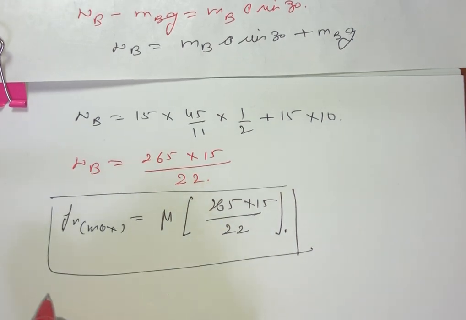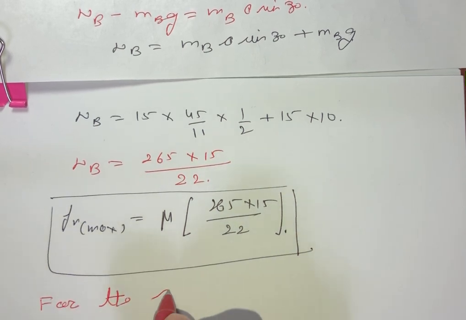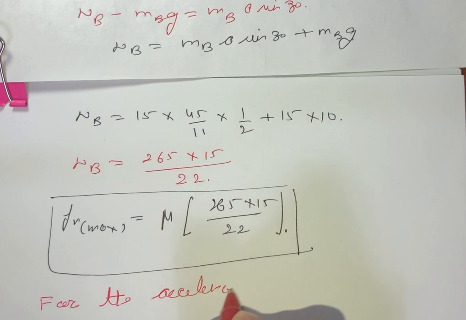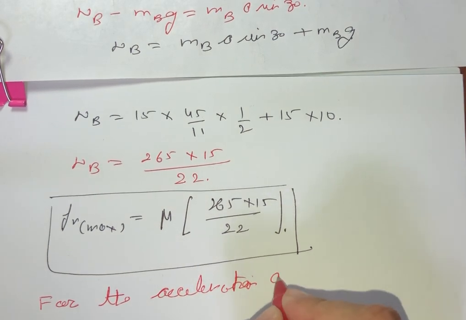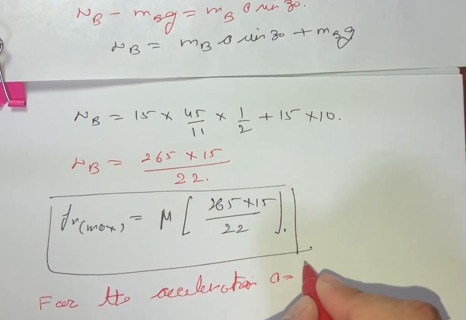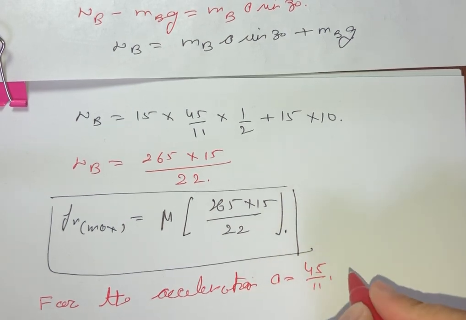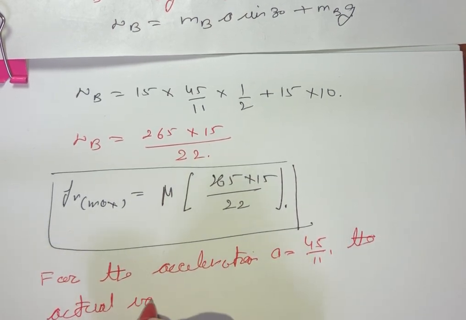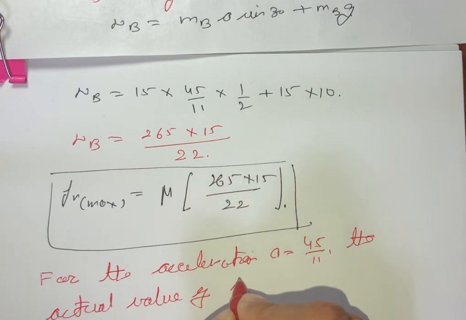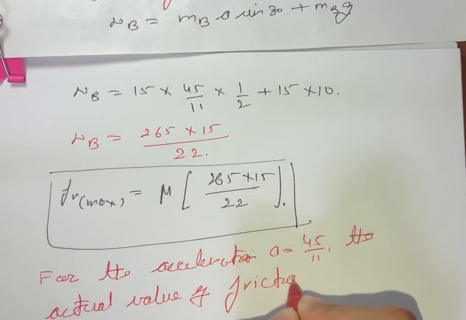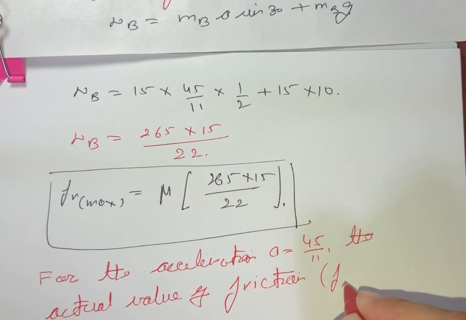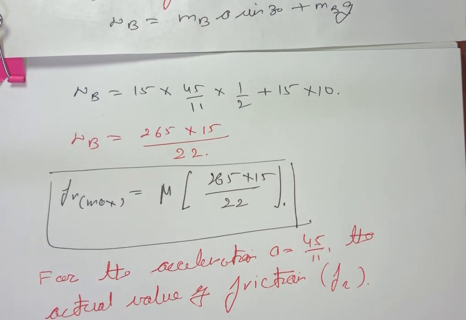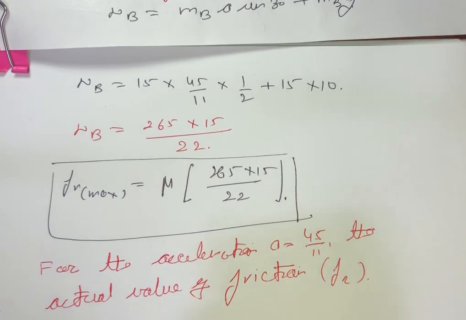For the acceleration A, which is given as 45 by 11, the actual value of the friction, let us call that Fr.